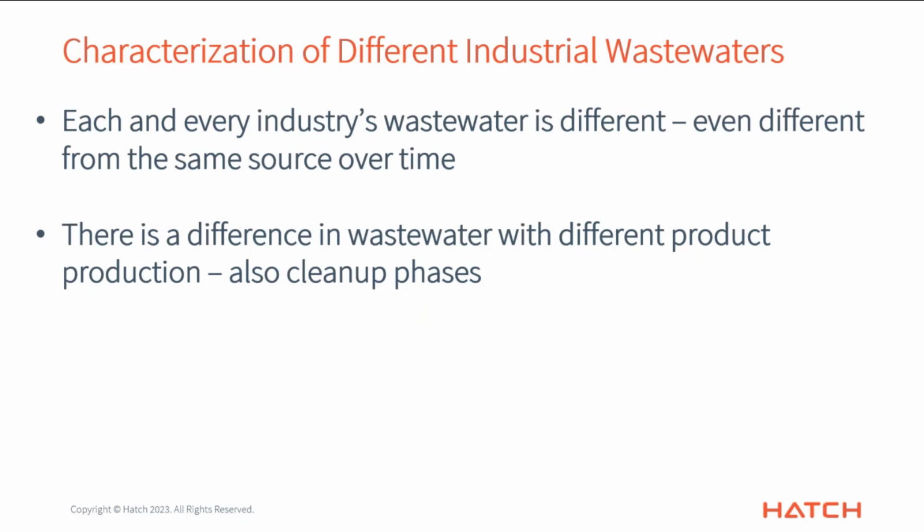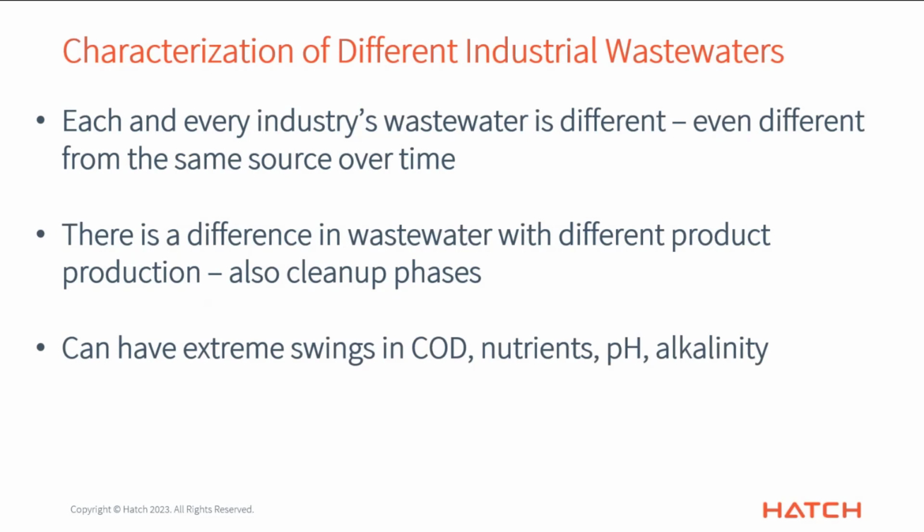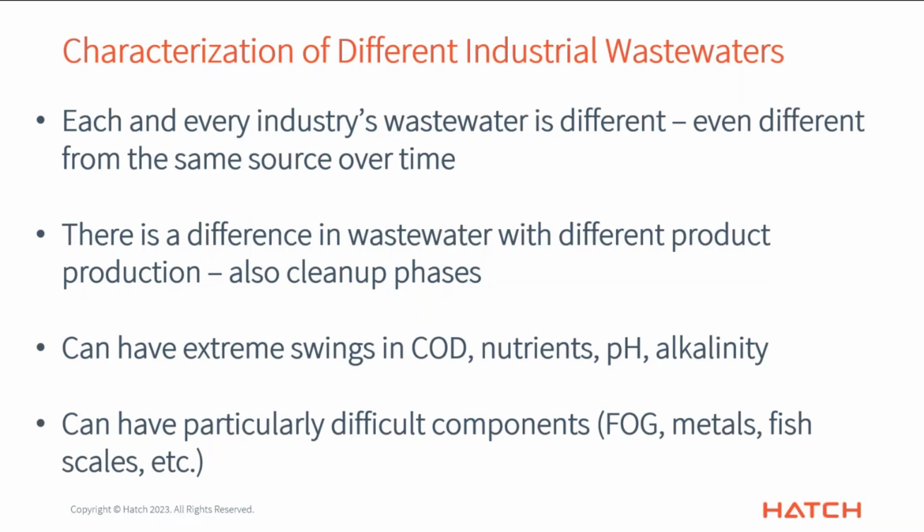Also the cleanup phases, after there may be a downtime where they're switching between products and cleaning, and the cleaning agents are coming to the wastewater as well. This can cause the system to have very extreme swings in COD concentrations, the amount of nutrients, the pH, the alkalinity, and so on. They can also have particularly difficult components to deal with as well.